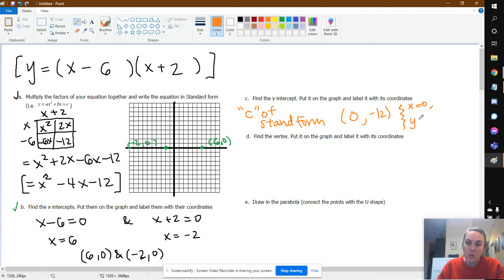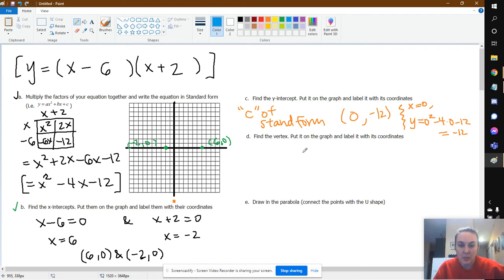I would say then y equals 0 squared minus 4 times 0 minus 12, and we get that equals negative 12. So for this y-intercept, we would go down 12. 1, 2, 3, 4, 5, 6, 7, 8, 9, 10, 11, 12. I kind of baited y'all. It's way down here.